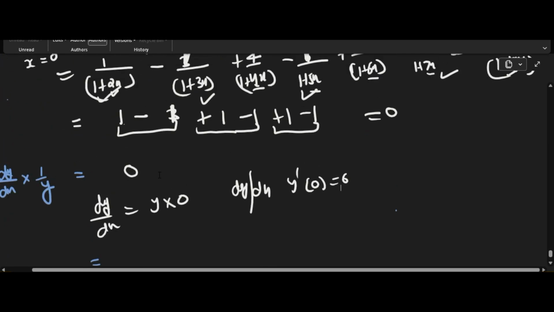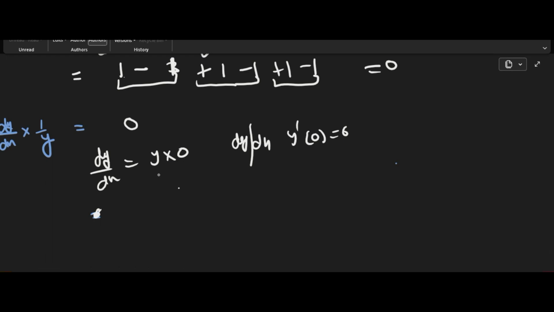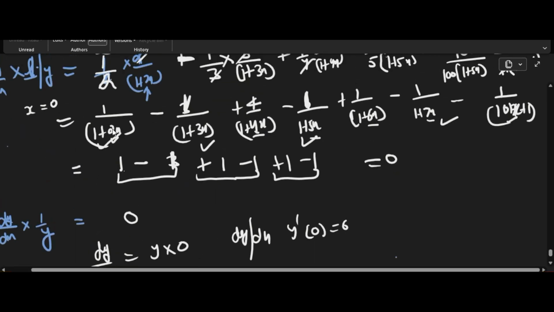Now if you consider another situation, where you have to find the derivative at x is equal to 1, if you see the whole derivative and I put the value in this particular expression which I got in the last, I will be left with something like this.